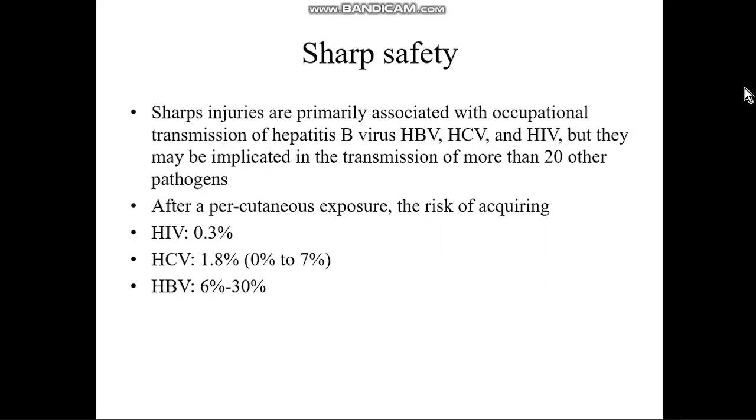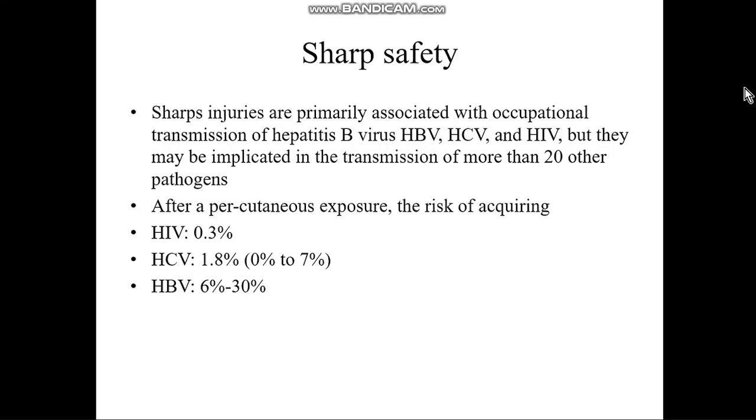Now comes sharps safety. Sharps injuries are primarily associated with occupational transmission of hepatitis B virus, which is often denoted as HBV, hepatitis C virus, HCV, and HIV, human immunodeficiency virus. But they may be implicated in the transmission of more than 20 other pathogens.